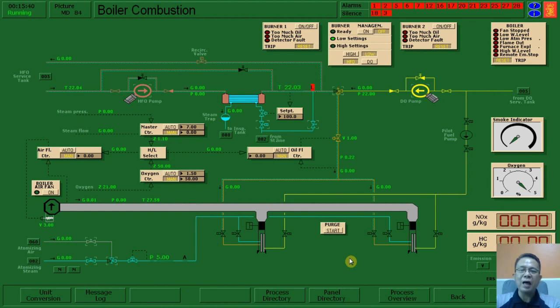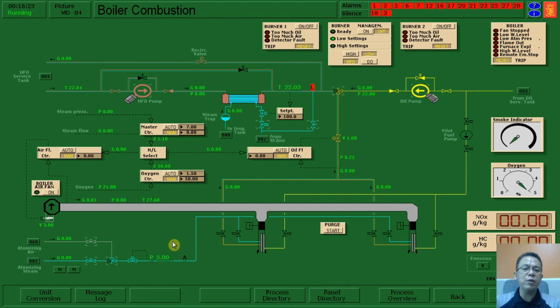Unburned gases trapped in the exhaust pipe can lead to gas explosions, and we don't need that. It should be prevented. That is why it is needed to purge the exhaust pipe to clear the passageway.